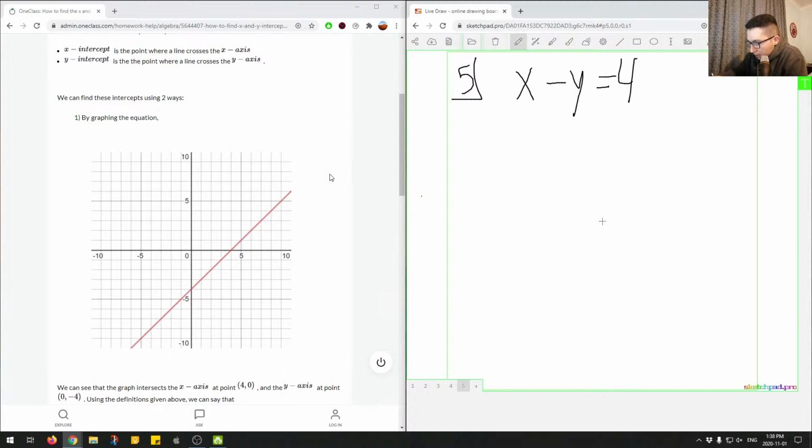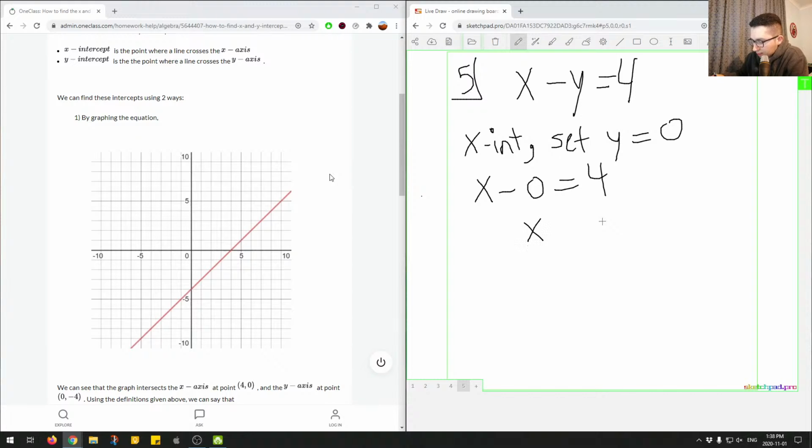For the x-intercept, I'll just call it x-int, set y equal to 0. So we'll have x minus 0 equals 4. That gives us x equals 4. And then for the y-intercept, we set x to 0. Looking at the original equation, we have 0 minus y equals 4.